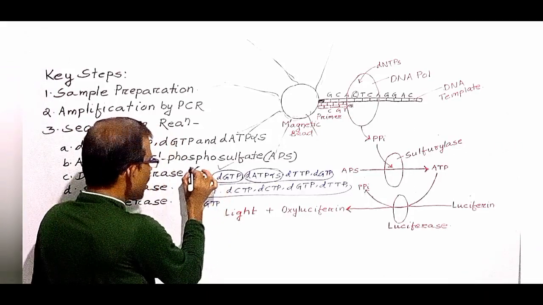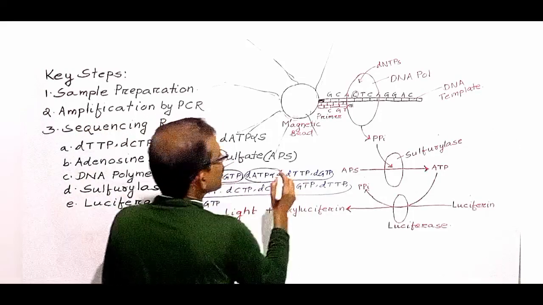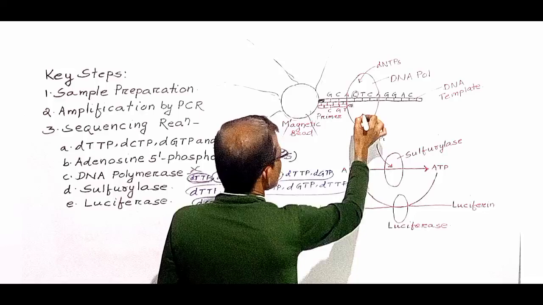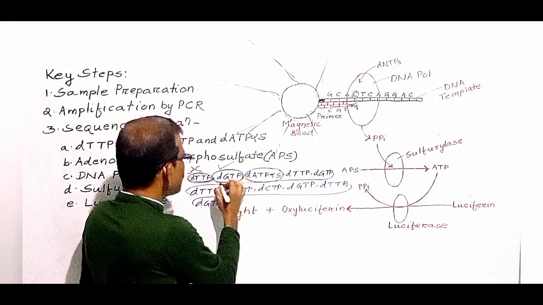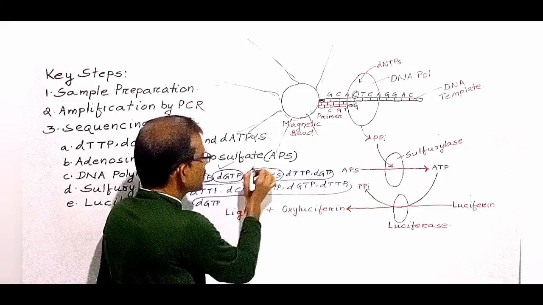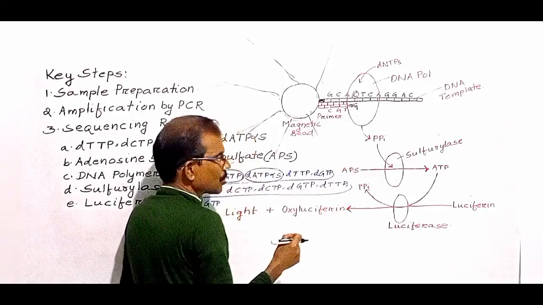This nucleotide will not be incorporated because thymine is not complementary to cytosine. Next we will add dGTP. It will be successfully incorporated because guanine is complementary to cytosine.